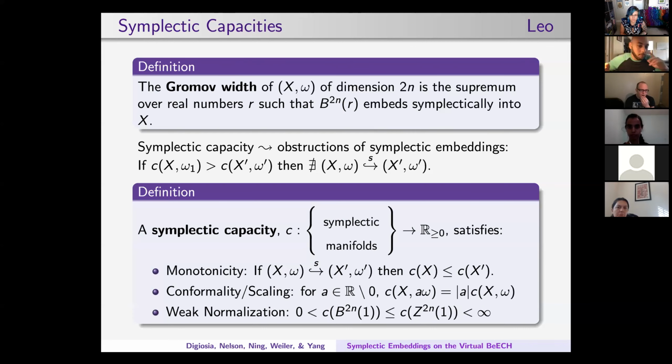Now these other 2 properties are important. We have a scaling, sort of a linearity property. You can always rescale a symplectic form by a non-zero number. And so your capacity better respect that scaling in a certain sense. And then there's a normalization, a weak normalization property that says your capacity of the ball better be less than or equal to the capacity of the cylinder.